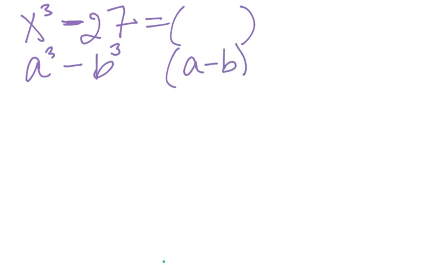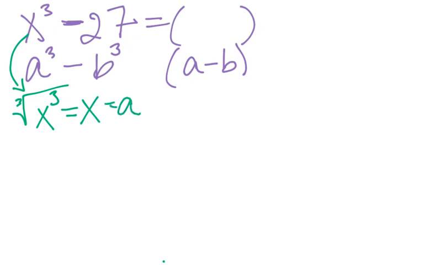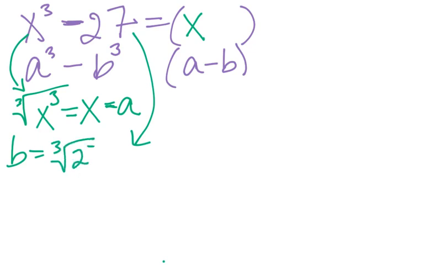To figure that out, take this first term, x cubed, and ask what is the cube root of it. Well, the cube root of x cubed is x. So our a value is x. I'm going to put an x here. Then our b value, we're going to take the cube root of 27.